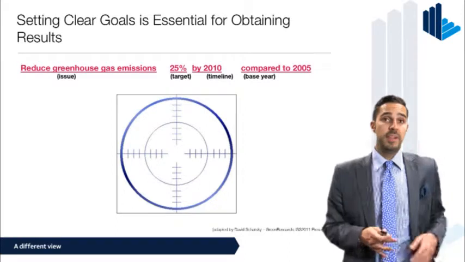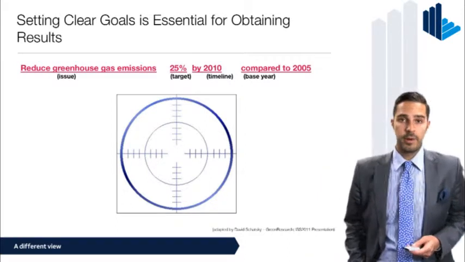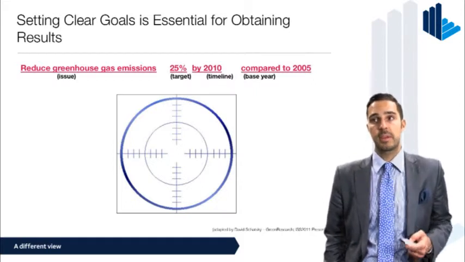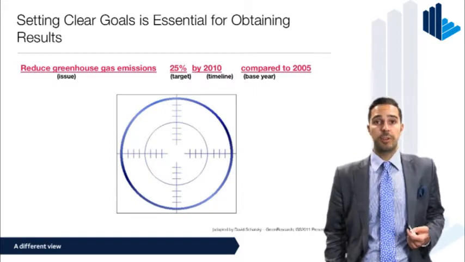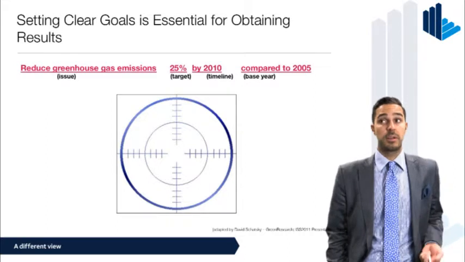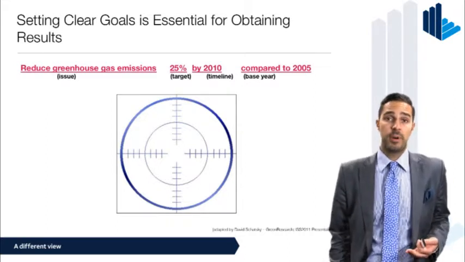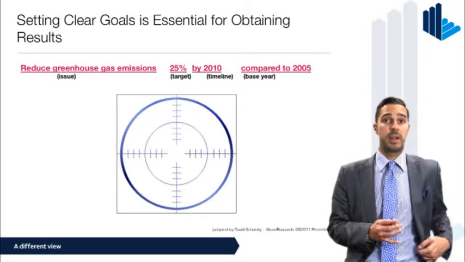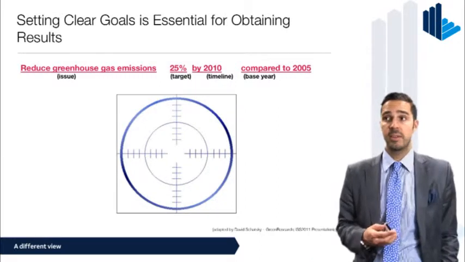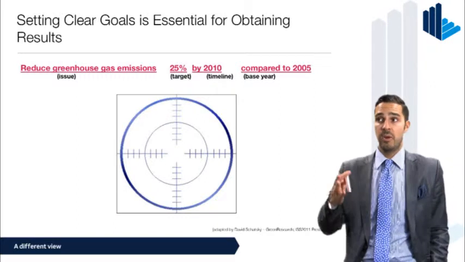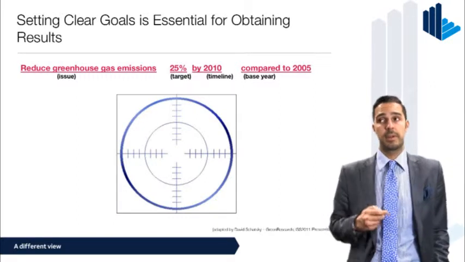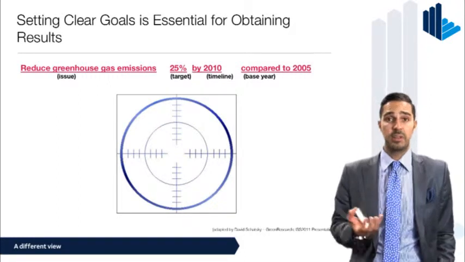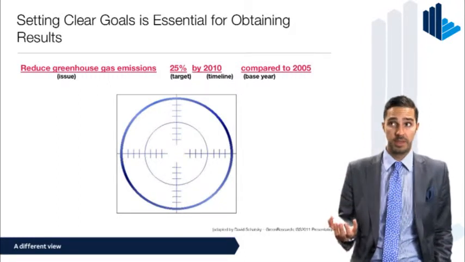Now, something that is essential in order to implement sustainability projects successfully is the definition of your goals. So what is very important is to define clearly what are the issues you are addressing, what are the targets, what is the timeline for achieving the target, and what is the starting point.